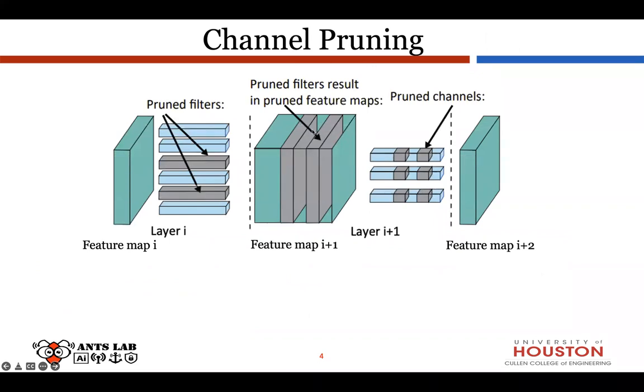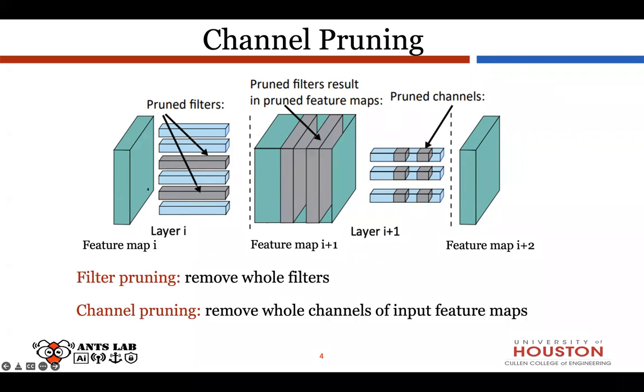Firstly, we look at the differences between the channel pruning and the filter pruning. This is the framework of the CNN network. For one input feature, we can use the filters to convolve it and get the output feature maps.